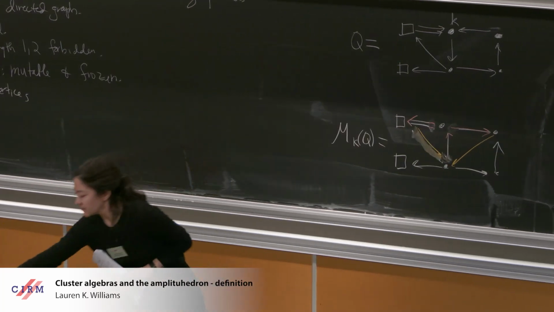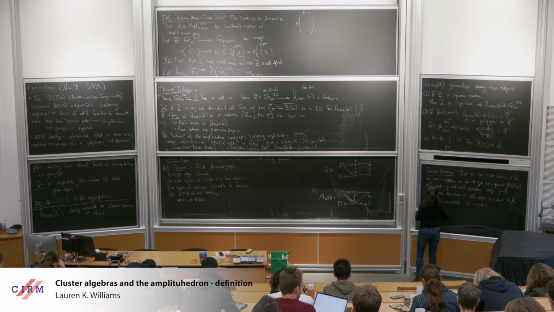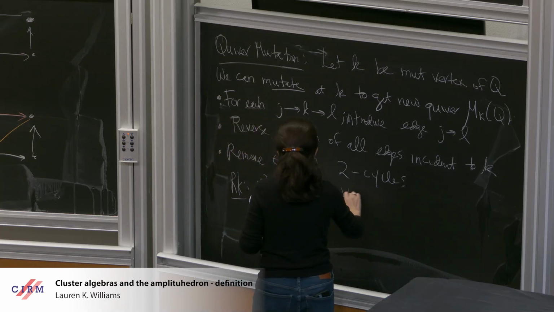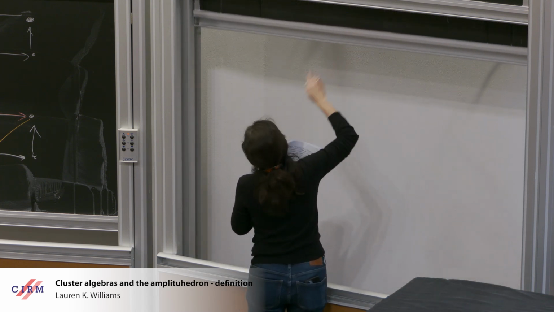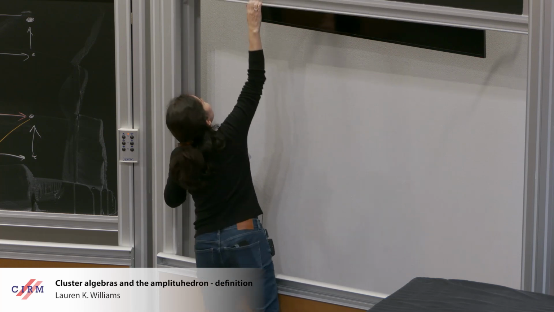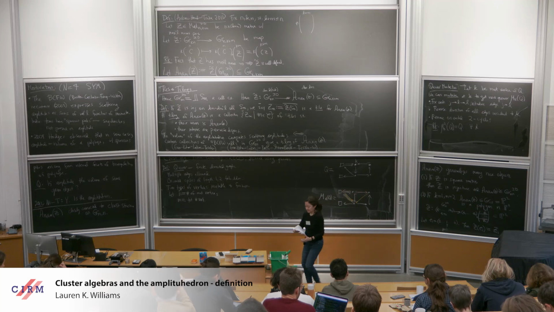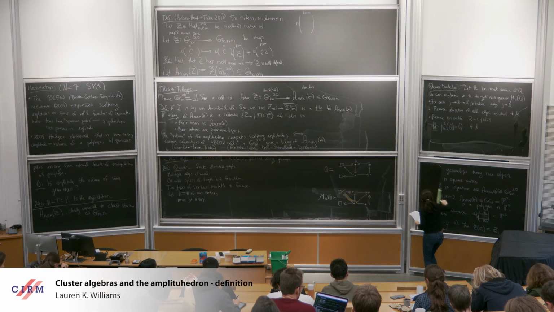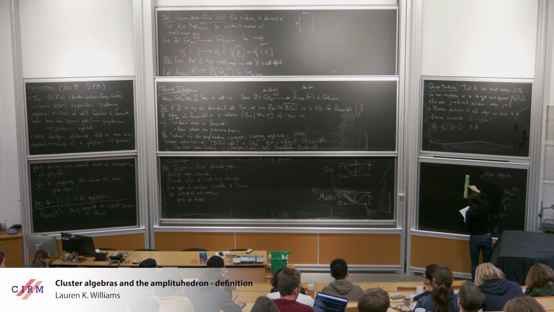And it's important to note that mutation is an involution. So if I mutate twice at the same node, I get back to the original quiver. And then we say that 2 quivers are mutation equivalent if you can go from one to the other by a sequence of mutations.